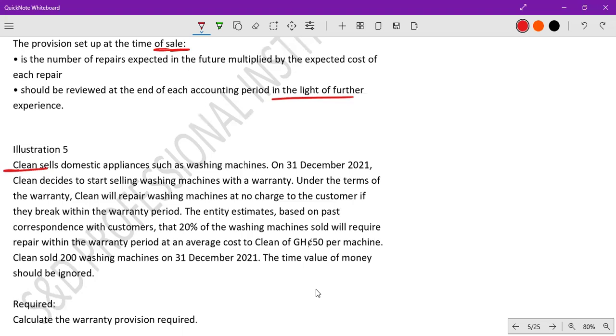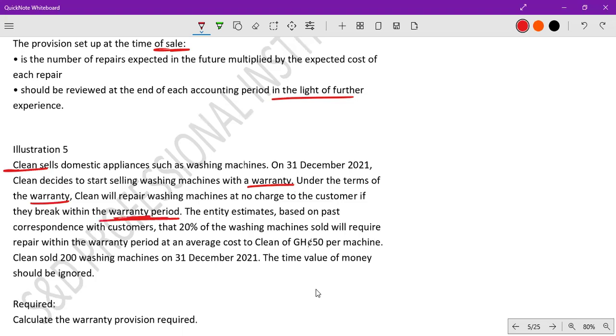Illustration 5. Clean sells domestic appliances such as washing machines. On 31st December 2021, Clean decides to start selling washing machines with a warranty. Under the terms of the warranty, Clean will repair washing machines at no charge to the customer if they break within the warranty period.